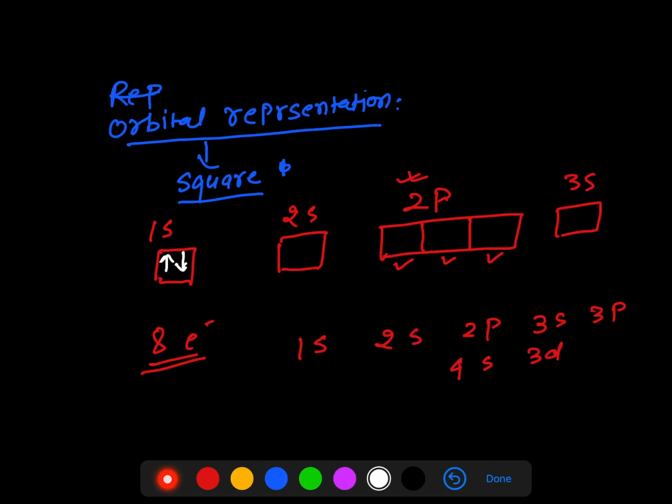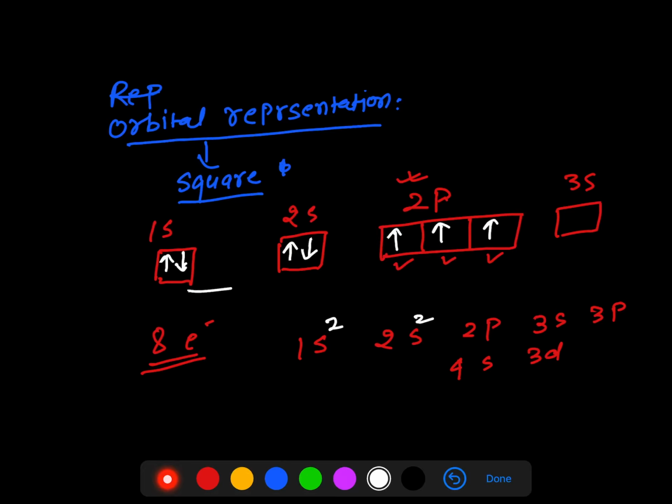Now, 1s is full with 2 electrons. Now, we'll move to the 2s. 2s will have 2 electrons again with opposite spins. So, 2 electrons over here. Now, in the 2p, we have 3 orbitals. How are we going to fill them? According to Hund's rule, we will fill them singly first.